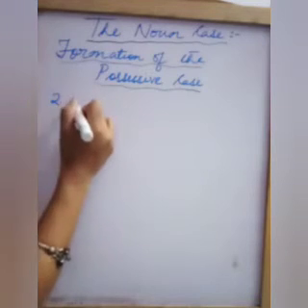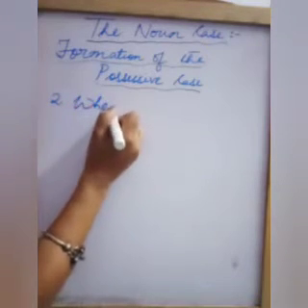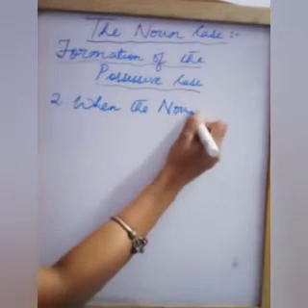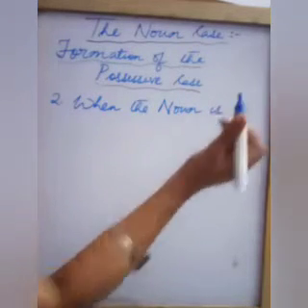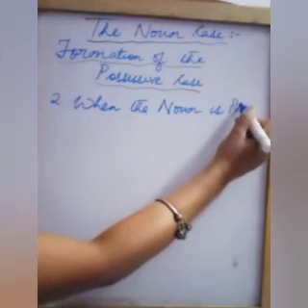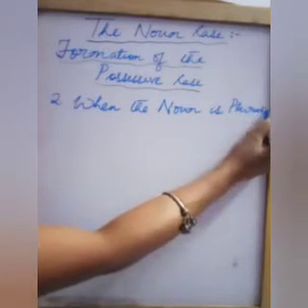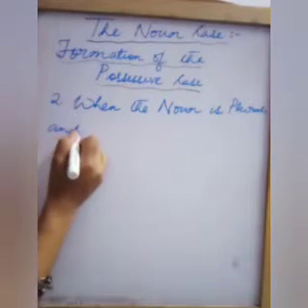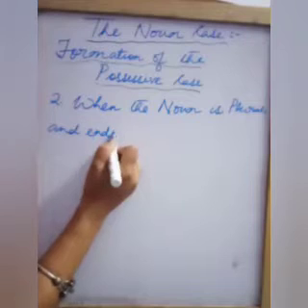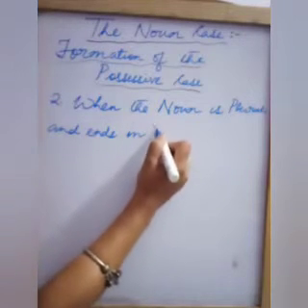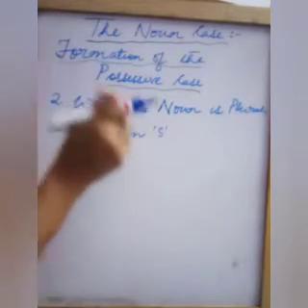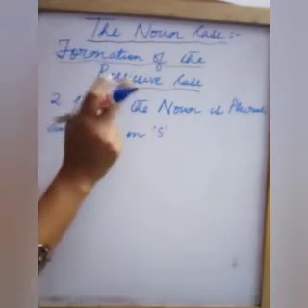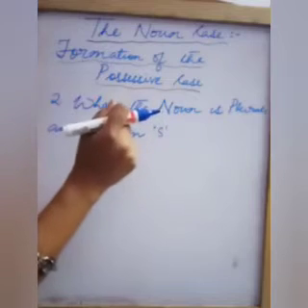Number 2. When the noun is plural and ends in s. Suppose there is a noun and it is a plural which ends with s. In this case, how will the possessive case be formed?